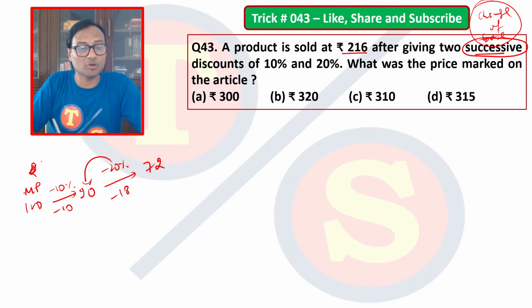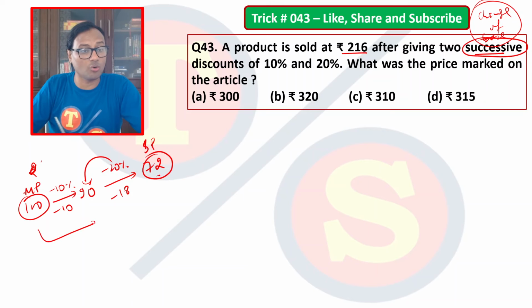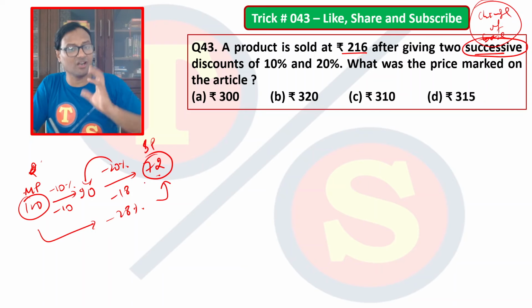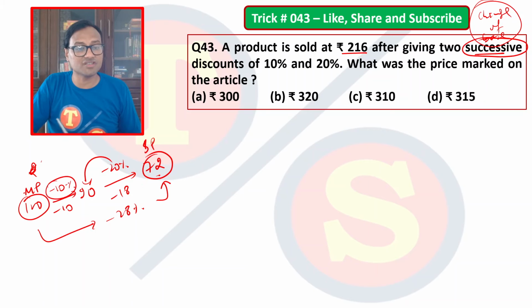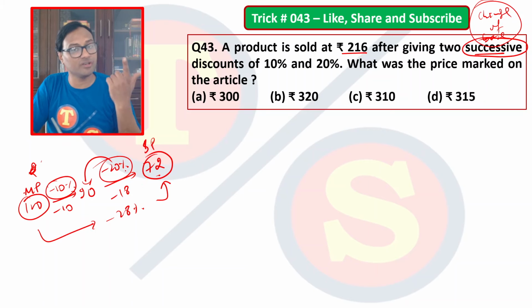And finally the product will be sold at a price that is 72 rupees. So the mark price was 100. Selling price is 72. So what is the overall change? So overall change is 28%. So basically 28% overall change will be there, or we can say that a single discount of 28% will be equivalent to two successive discounts of 10% and 20%.